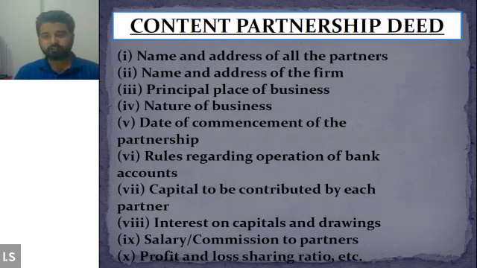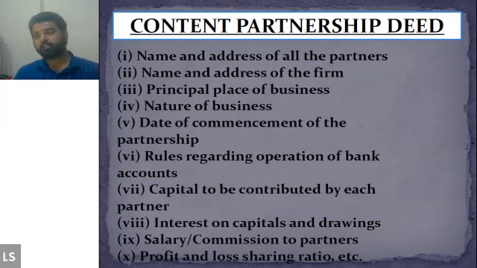Name and address of the partners, name and address of the firm, place of business, nature of business, date of partnership, rules regarding operation of bank account, capital contributed, what interest we will be paying on the capital contribution, then salary and commission, whether to be paid to the partner or not, and profit and losses, what will be the ratio of sharing of profit and losses among the partners.